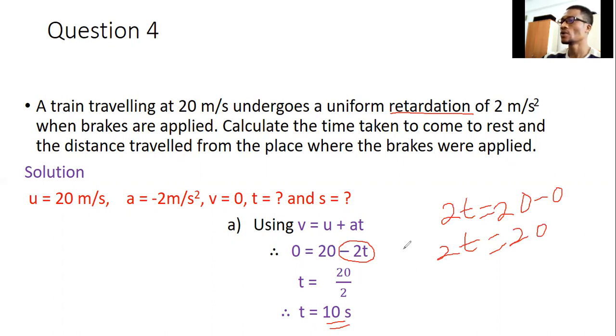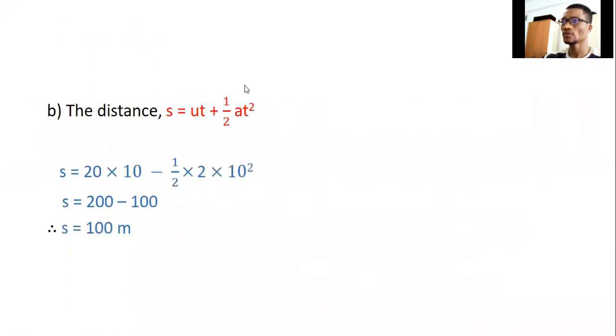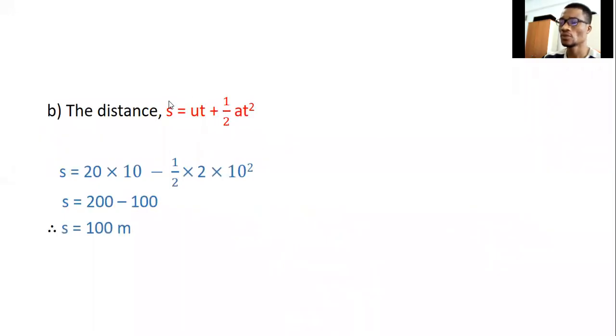Okay, let's go ahead to calculate the distance traveled from the place where the brakes were applied. So we can use this equation now because we're looking for the distance traveled.